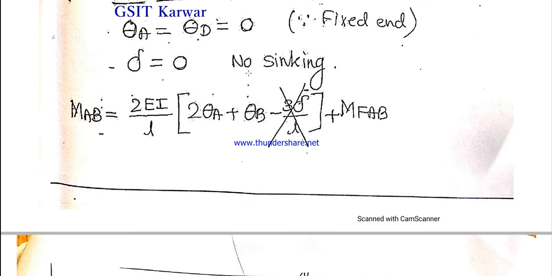If any support settlement or displacement is there, it will be given very clearly in the problem, and the value will be given. So here, with no settlement or sinking, delta equals 0, and 0 into anything is 0, so this full term goes to 0.